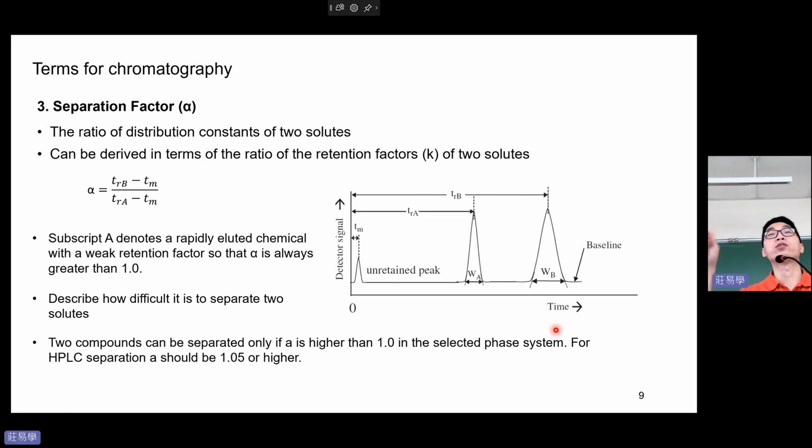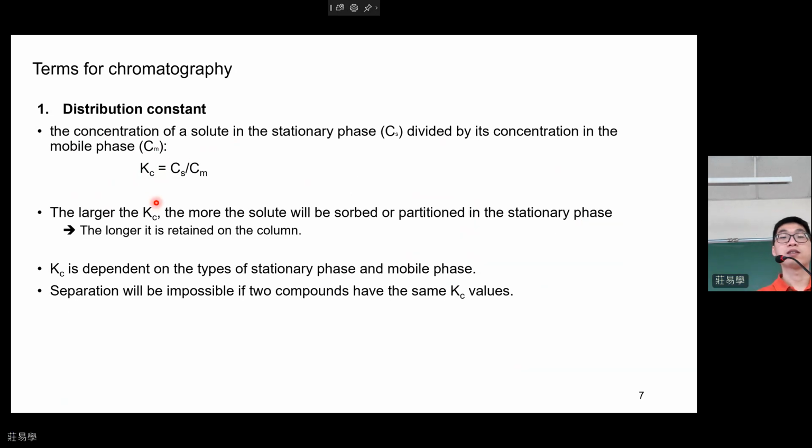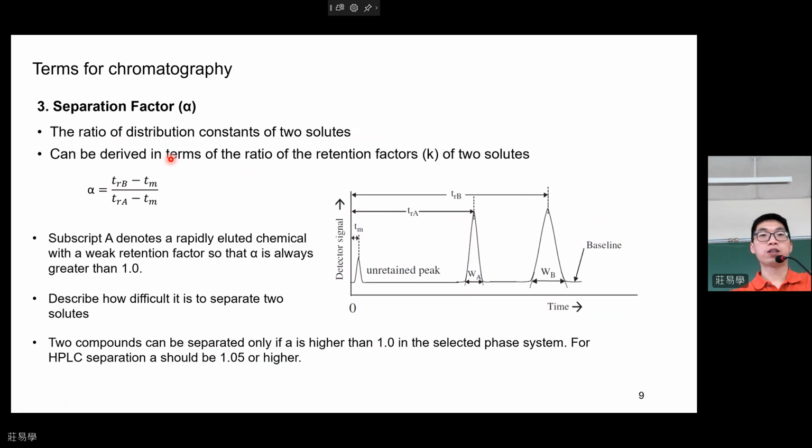We define the separation factor as the ratio of the distribution constants of two solutes, and it can be derived as the ratio of the retention factors of the two solutes.